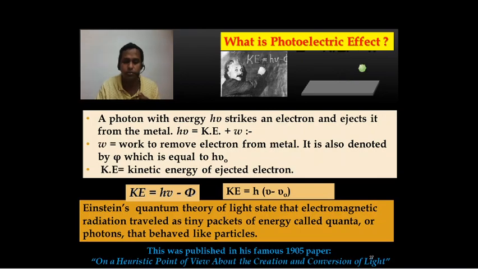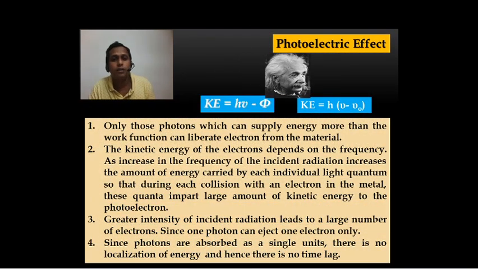So that's about the photoelectric effect, and Einstein gave a satisfactory explanation for it. His explanation is that only those photons which can supply energy more than the work function can liberate electrons from the metal. Incident photon must possess a minimum energy, or there should be a minimum frequency.